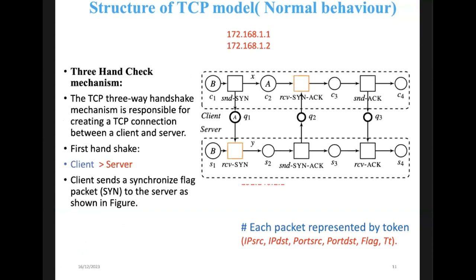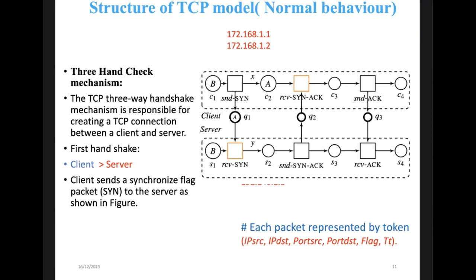So in the first handshake, tokens A and B, for example, reside at C1. Token A, or client A, will consume the send SYN event. In other words, the client sends a SYN token to the server.